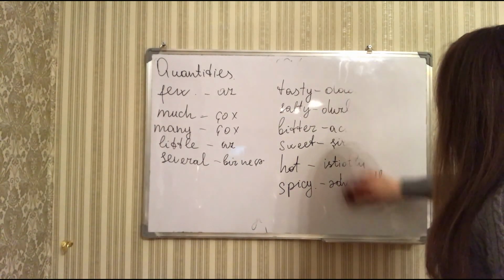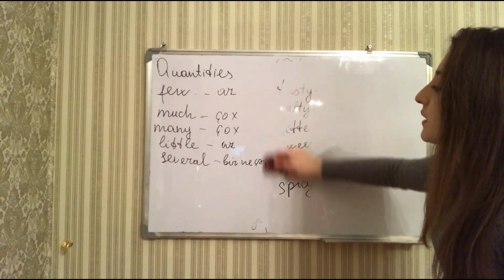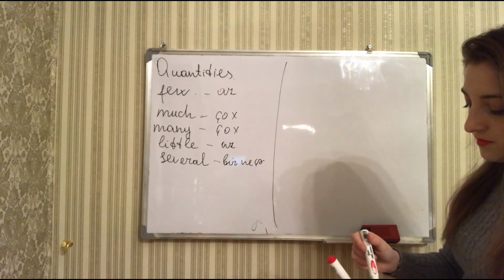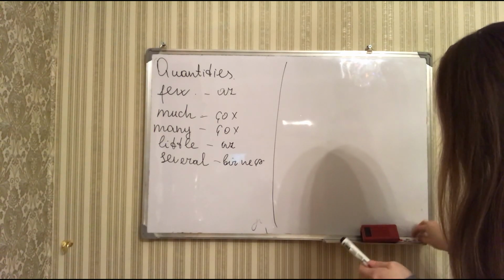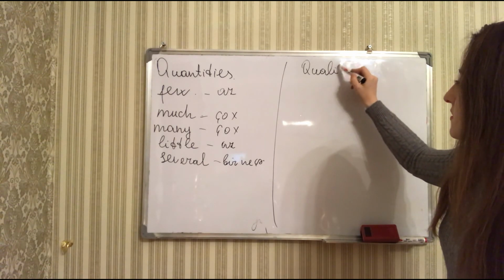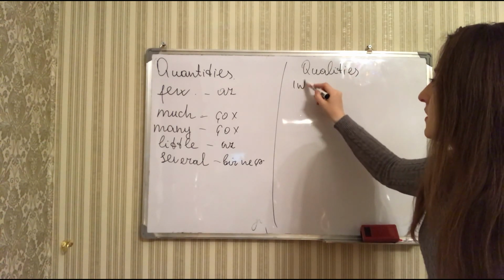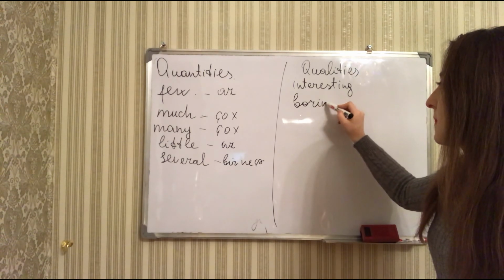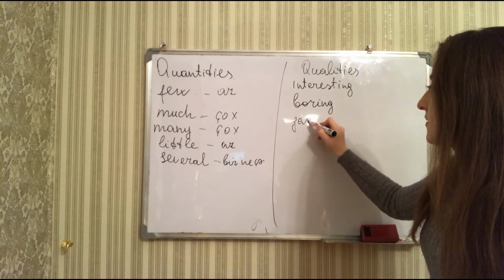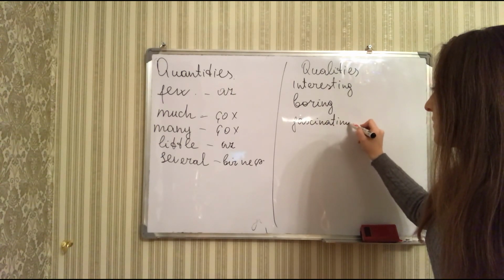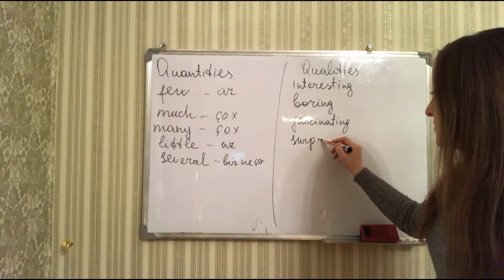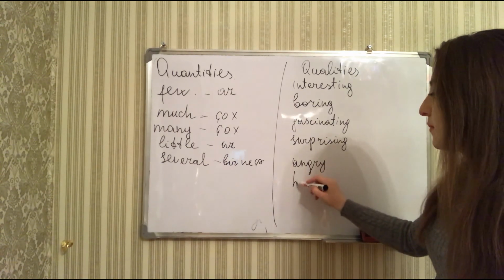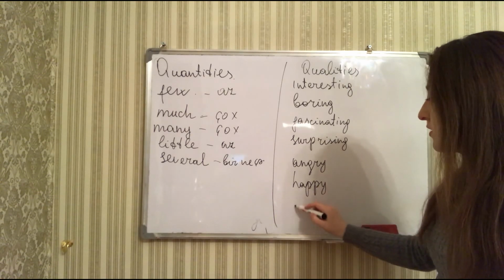So, and at the end we can write adjectives about qualities. Qualities. For example, interesting, boring, fascinating, surprising, angry, happy, jealous.